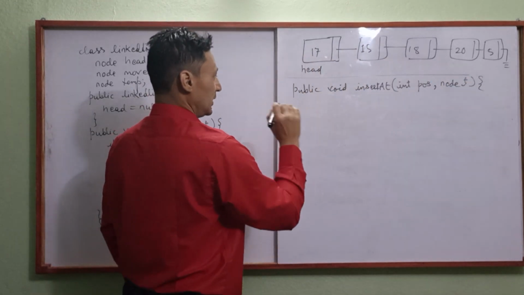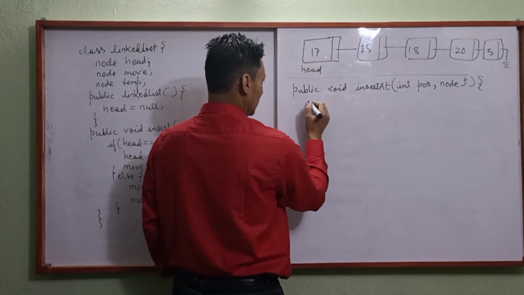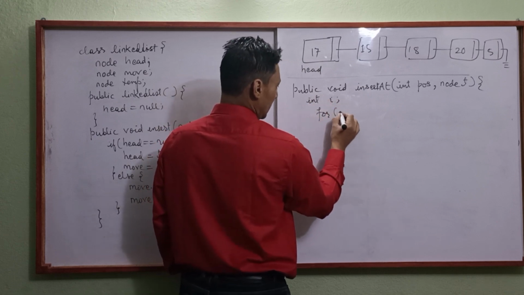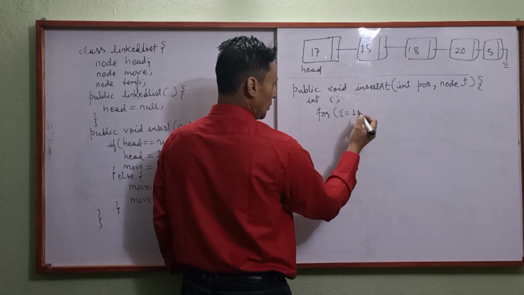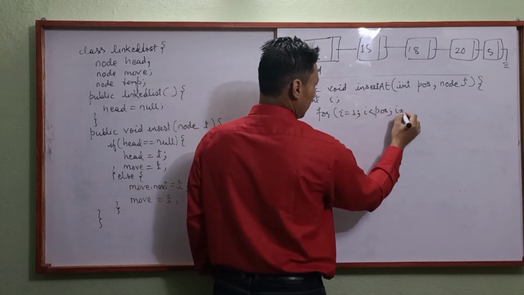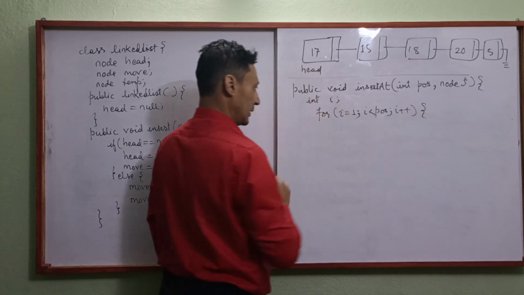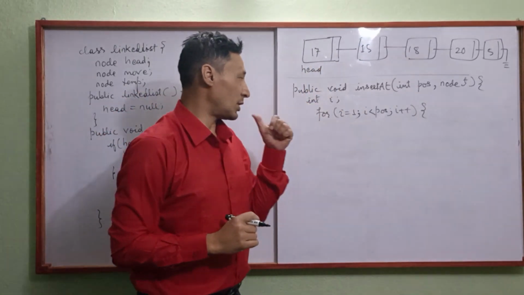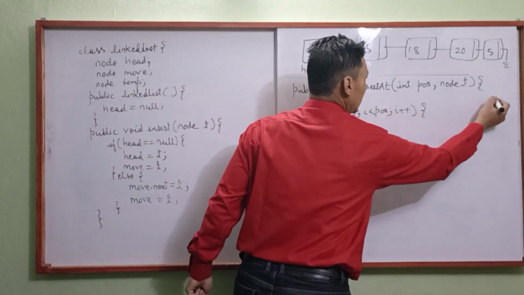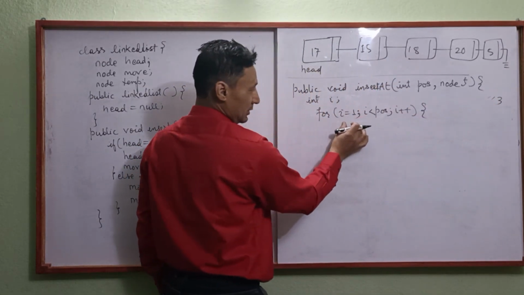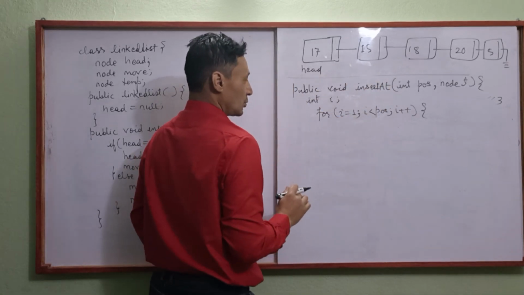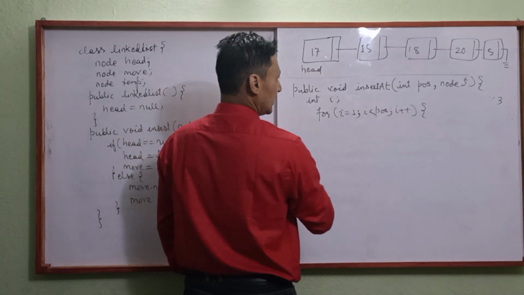What we have to do is create a loop: for i equal to 1, i less than position, i plus plus. We have to insert the new node after the third node: first, second, third. So this loop will run from 1 to 2.